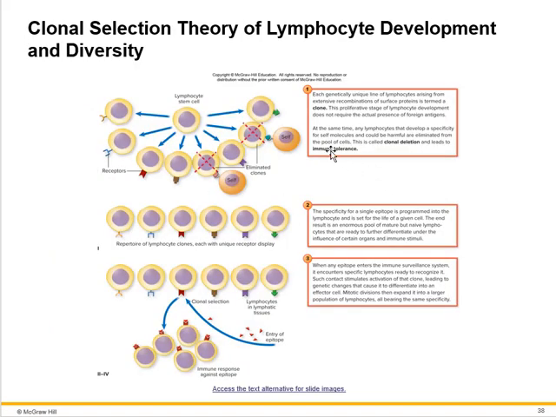So clonal selection is when you have all this repertoire from the lymphocytic stem cell. You have all these different B cells and T cells that have been made and have unique antigens they're going to respond to and be activated by. During this process called clonal deletion, we create some immune tolerance to self-antigens. We do not want to respond to self-antigens; if we do, we're attacking ourselves, and that's not good.